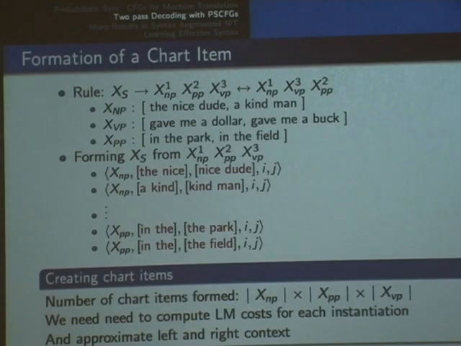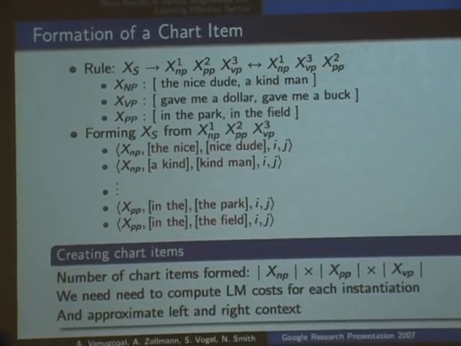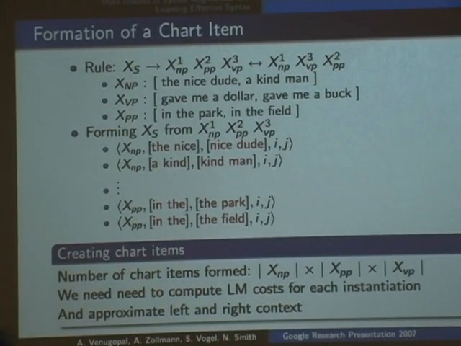So when we actually have to form a real chart item based on a rule and completed hypotheses and completed equivalence classes underneath, you can sort of see how the number of chart items really grows, right? So for applying this complex rule with three non-terminals, within each of those non-terminals, we have these equivalence classes. And for each of these equivalence classes, we have to consider how they might combine with all the alternatives from the other equivalence classes, right?